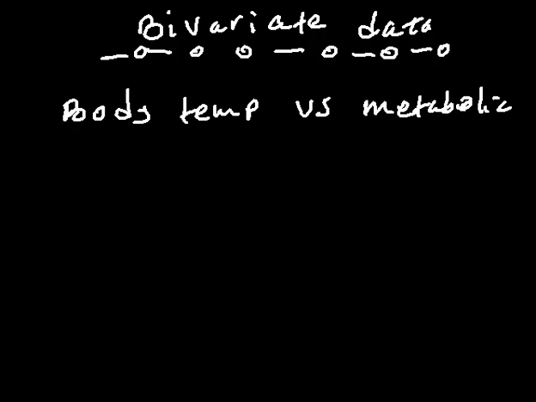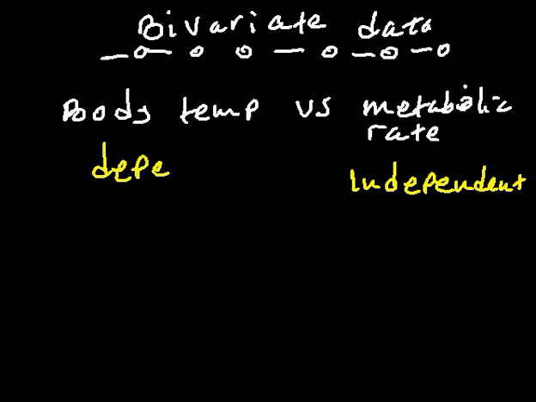Mind you, metabolic rate is the rate at which chemical reactions take place in the body. So basically, metabolic rate is the one that affects body temperature. When the metabolic rate increases, the body temperature also increases. So in this case, metabolic rate is the independent variable, and body temperature is the dependent variable.